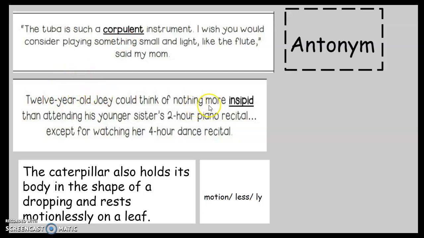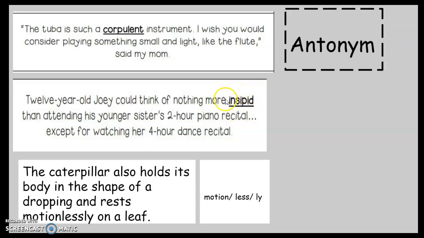Twelve-year-old Joey could think of nothing more insipid than attending his younger sister's two-hour piano recital, except for watching her four-hour dance recital. So you've got Joey, and he's thinking, man, there is nothing more insipid than attending my sister's two-hour piano recital, except for that four-hour dance recital.